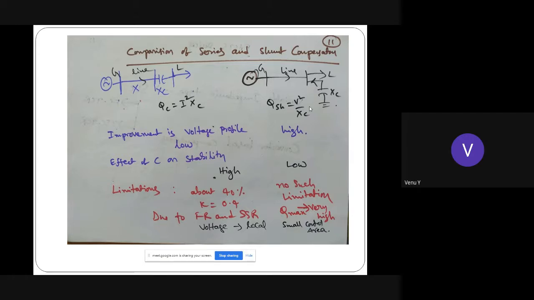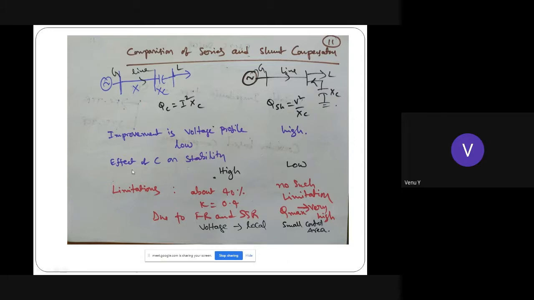This is another important point. You need to summarize all these points and compare them. The next point is that the improvement in voltage stability is more effective for series compensation. Similarly, angle stability and transient stability are also much more effective for the series compensator compared to the shunt compensator.